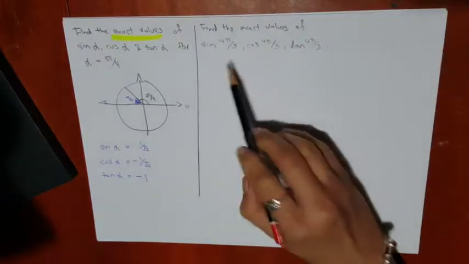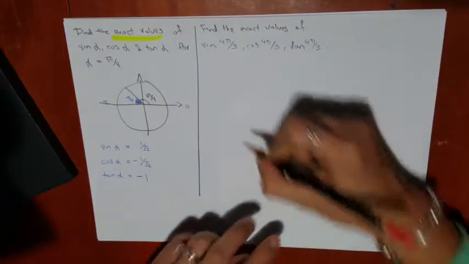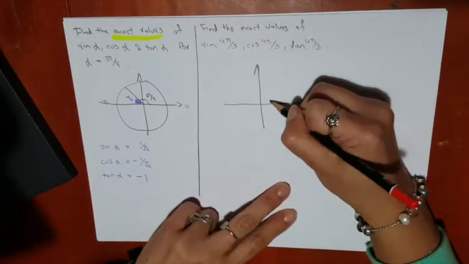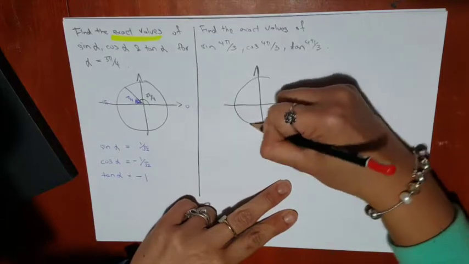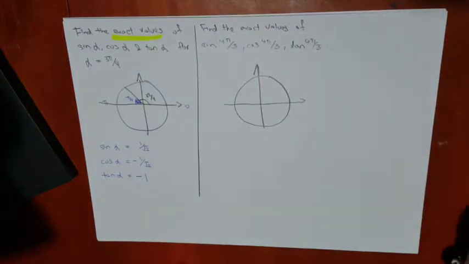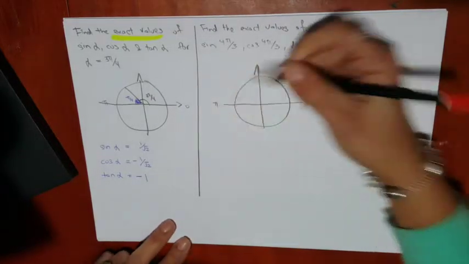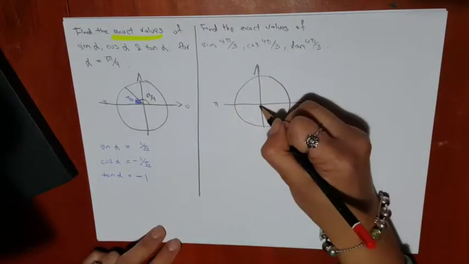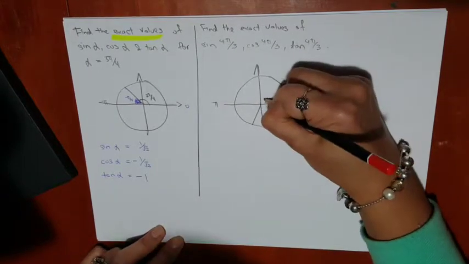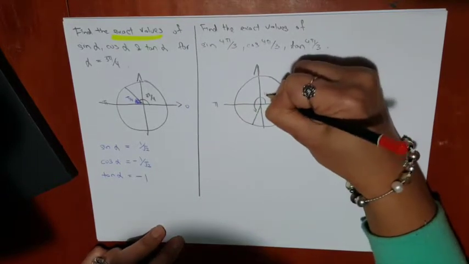So now the angle is given. Let's draw the unit circle again. 4 pi over 3 is more than pi, and that's pi and that's 0. So 4 pi over 3 is somewhere here, maybe. So that's 4 pi over 3.